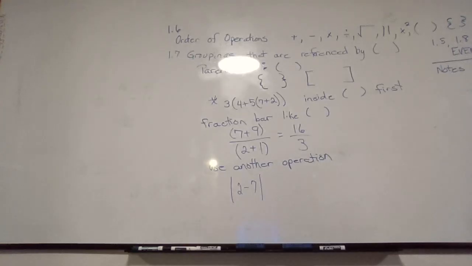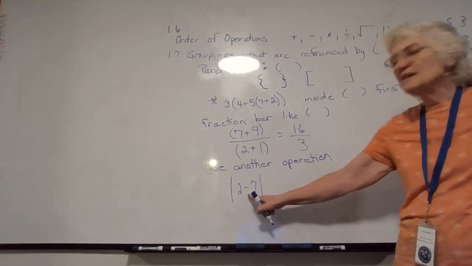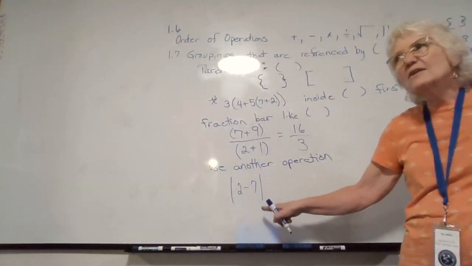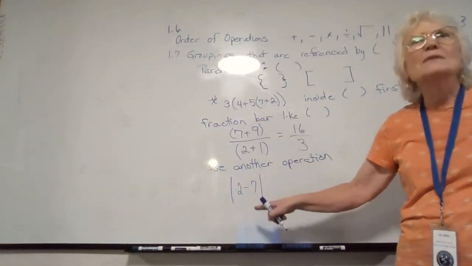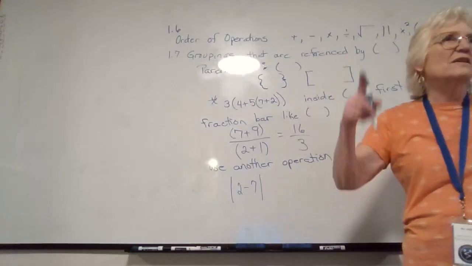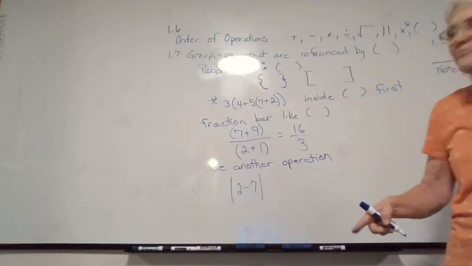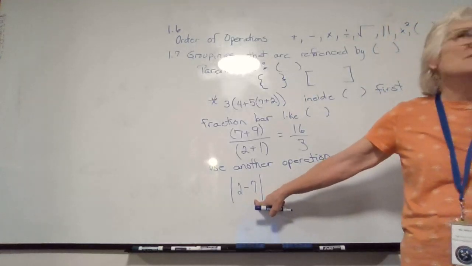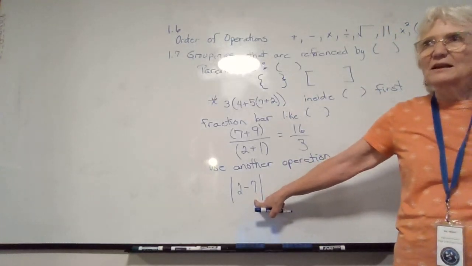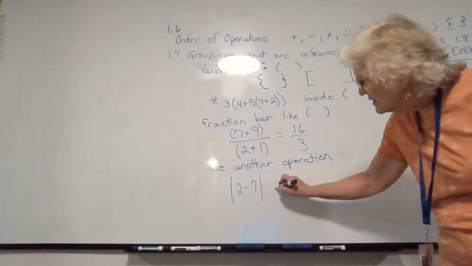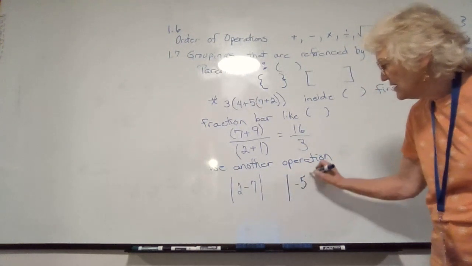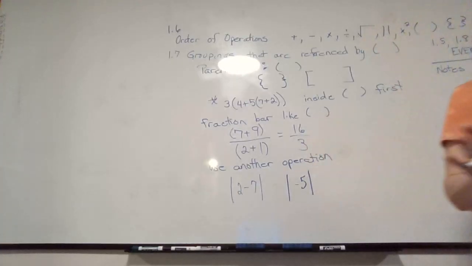A little bit, yeah. So if we do this, that bar, it kind of looks like a parenthesis, but it means absolute value because it's just 2 straight lines, okay? So inside there, I have to do that first before I do the absolute value. Okay, so in this case, 2 minus 7 is negative 5. If you don't understand that right now, that's okay, but that's what it is.